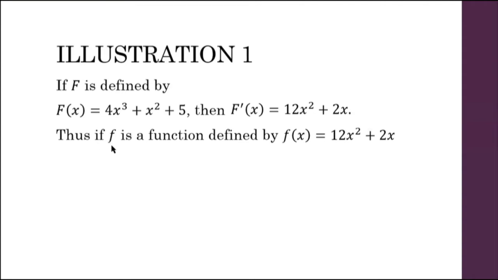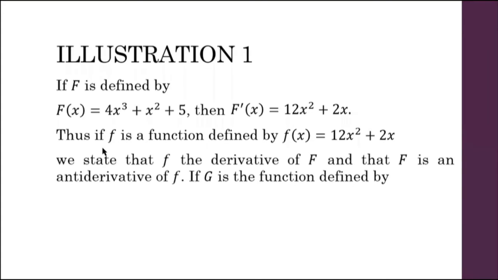Thus, if small f is a function defined by f of x equals 12x squared plus 2x, the derivative of big F is what we consider as small f. We state that small f is the derivative of big F and that big F is an antiderivative of small f.